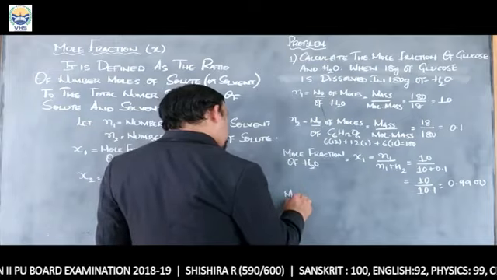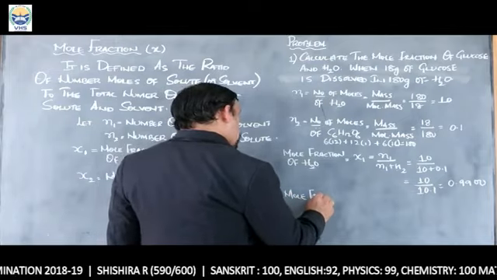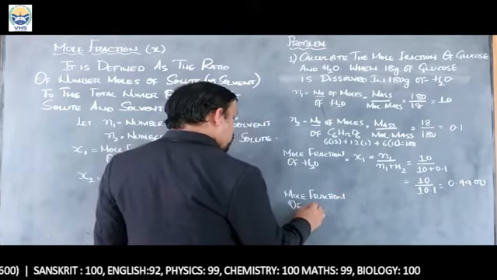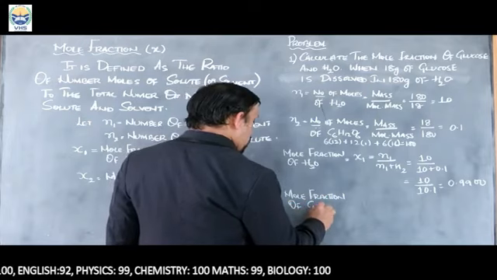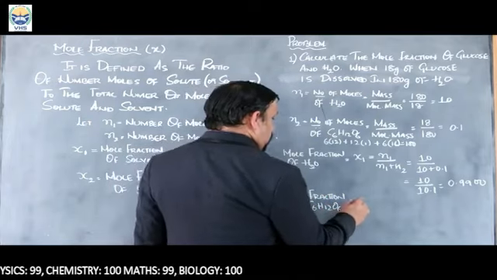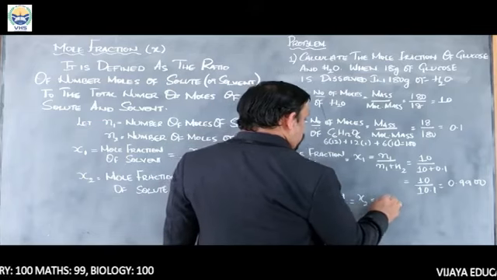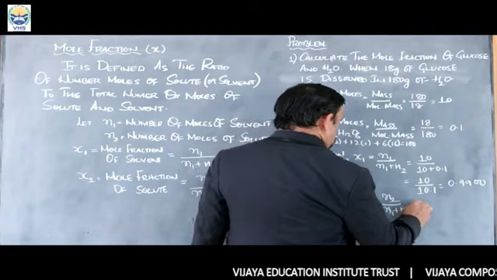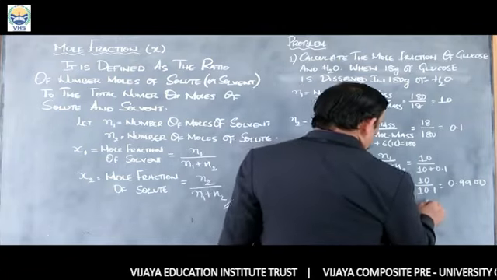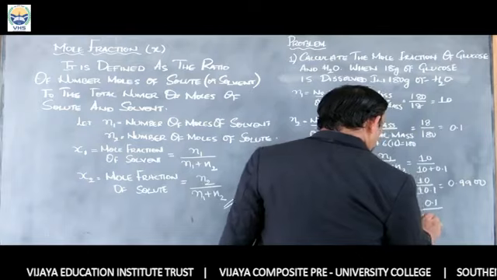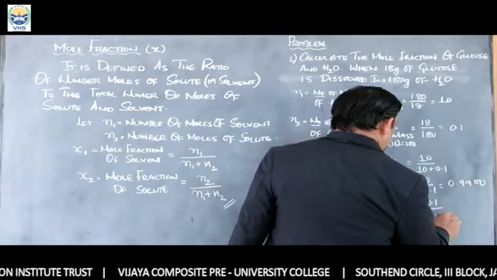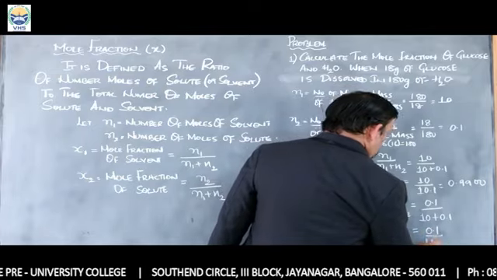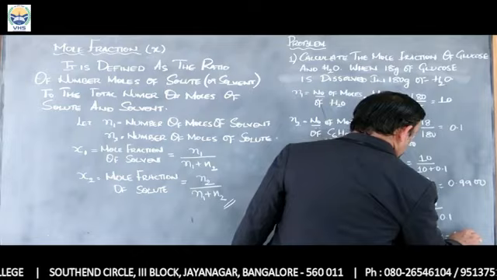Same way, try to find out the mole fraction of glucose, which we represent as X2, equal to N2 divided by N1 plus N2. So it is 0.1 divided by 10 plus 0.1, which is nothing but 0.1 divided by 10.1, which is equal to 0.0099.